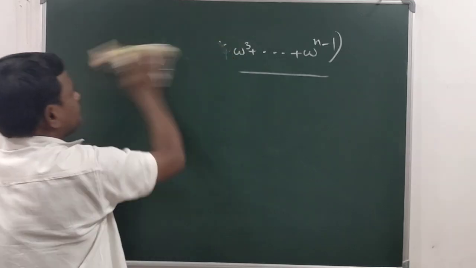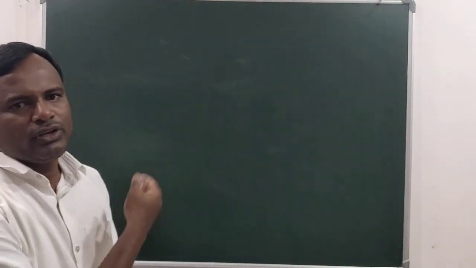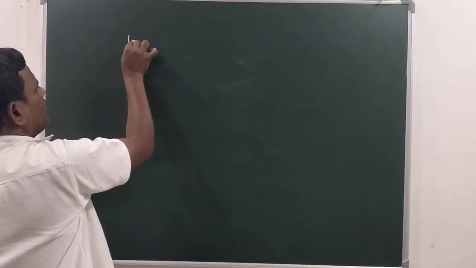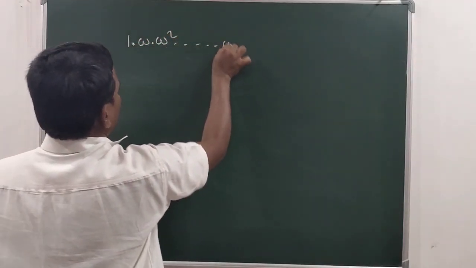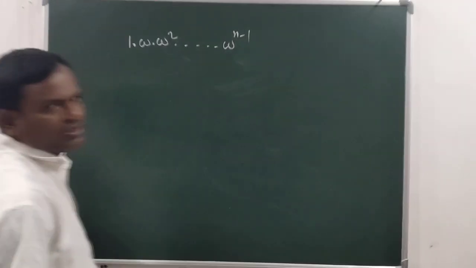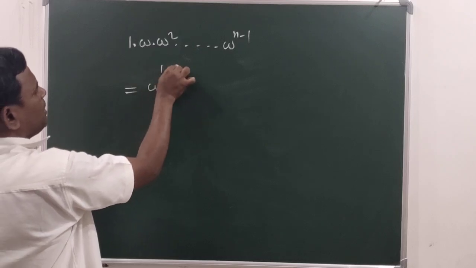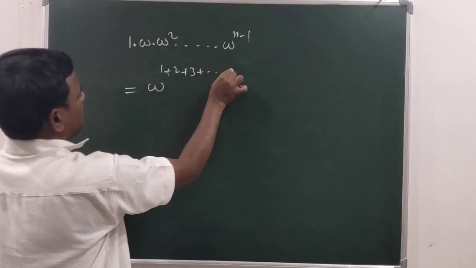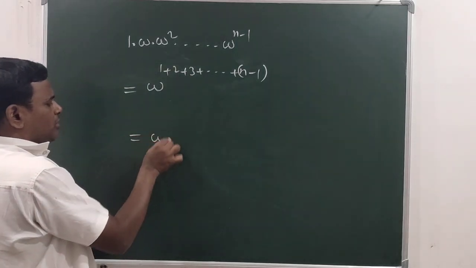See, let us go to find product of all the roots of nth roots of unity. 1 into omega, omega square and so on, omega power n minus 1. Now base is same, add the powers. You get 1 plus 2 plus 3 and so on till n minus 1. So what you have got in the numerator?